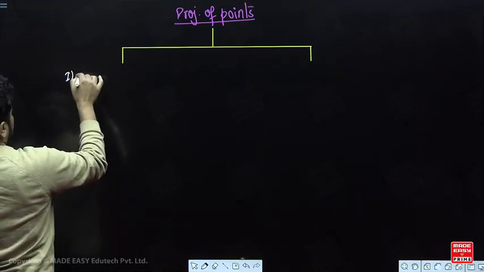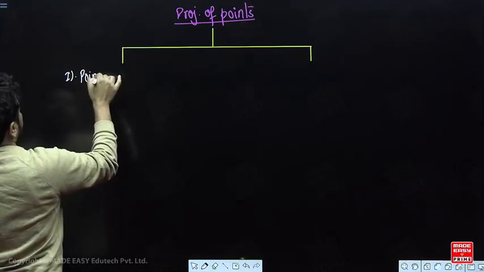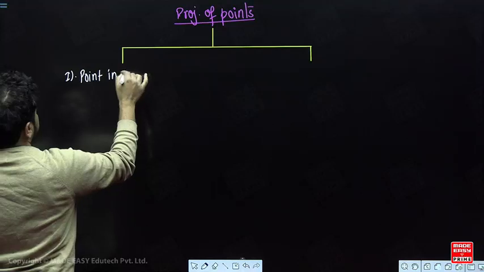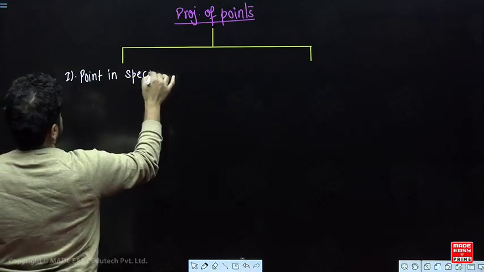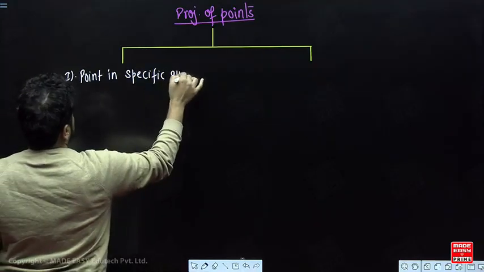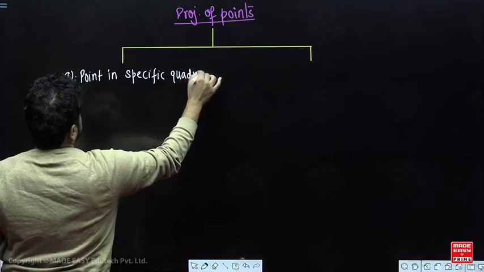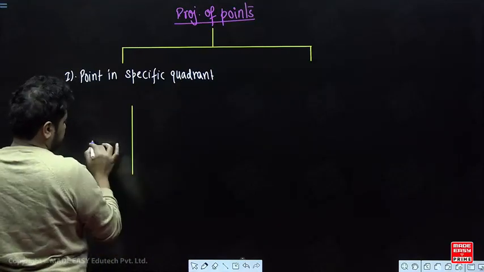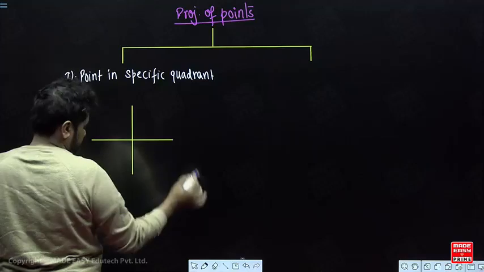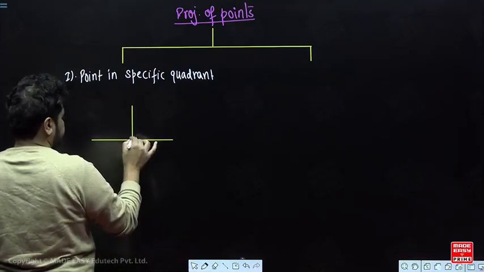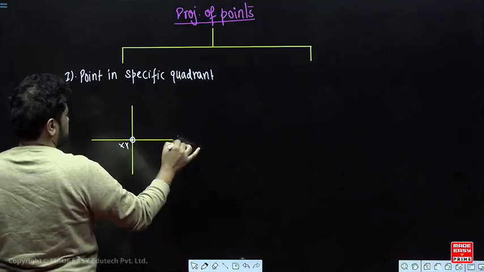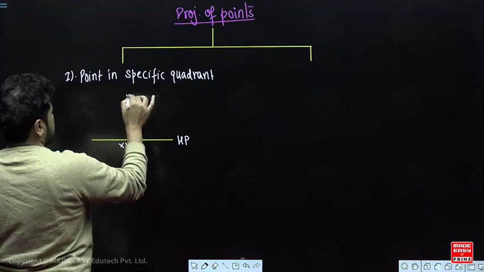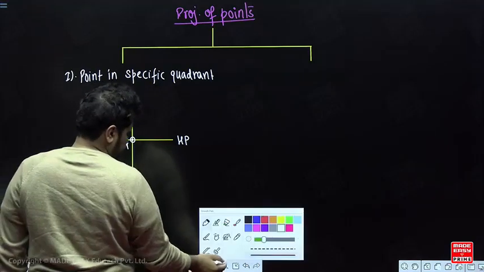First, point in a specific quadrant. Point in a specific quadrant means, suppose this is your XY, this is HP, this is VP, correct?